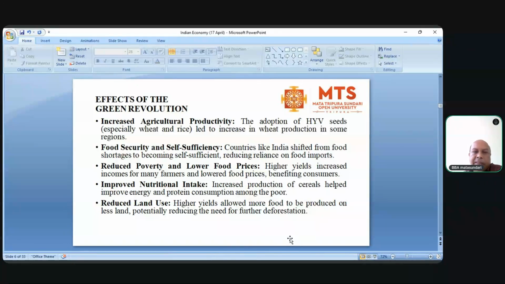It increases agriculture production, it increases productivity of land, it increases production of food grains, it reduces poverty, it increases employment, it reduces price of food grains, it also increases the nutritional capacity of common people, and at the same time it is also helpful for development of village areas.